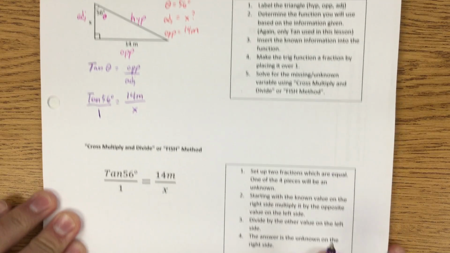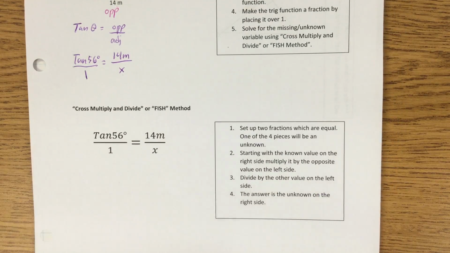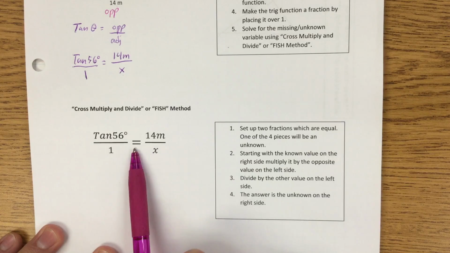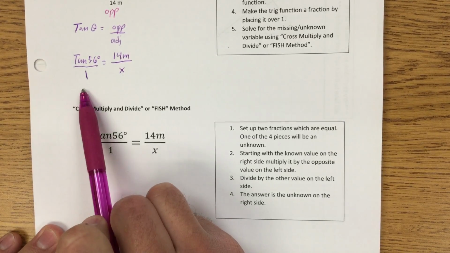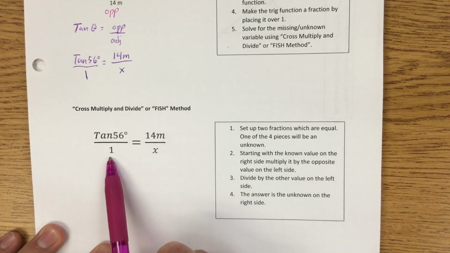Now I'm just going to slide this up, and I'm going to go through the method of cross multiply and divide again, or what we may call the fish method, to try to solve for x. We set up two fractions which are equal, and if we need to put something over 1, we put it over 1, just like we did up here.